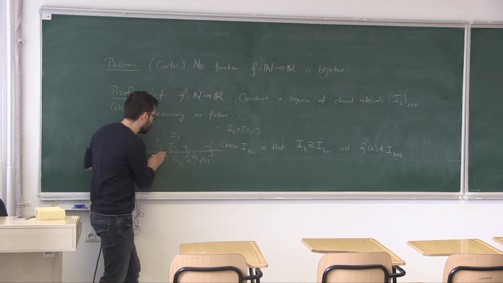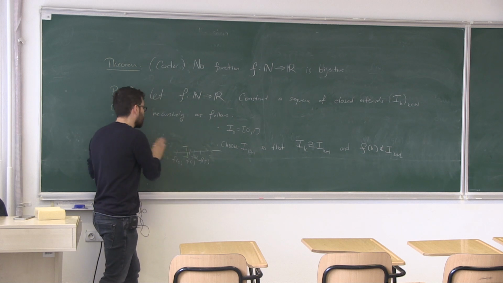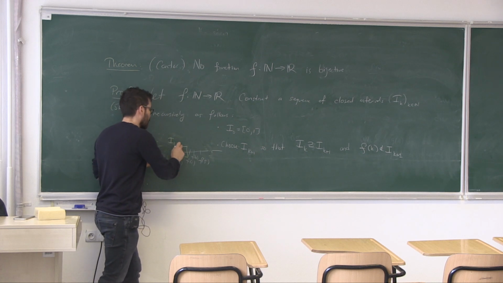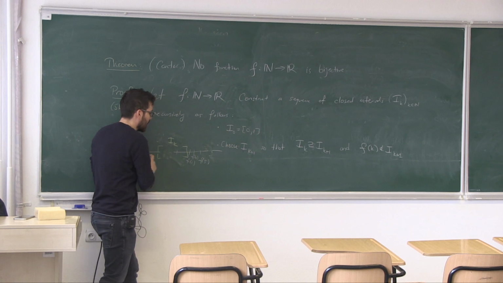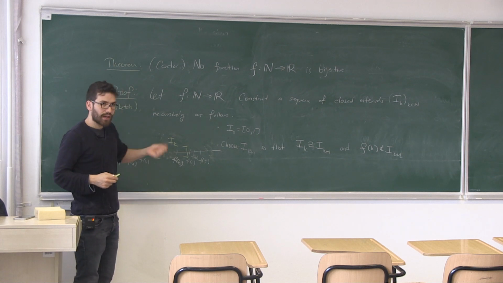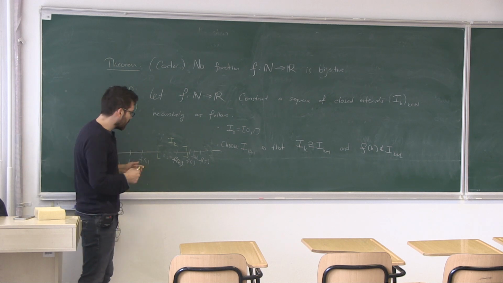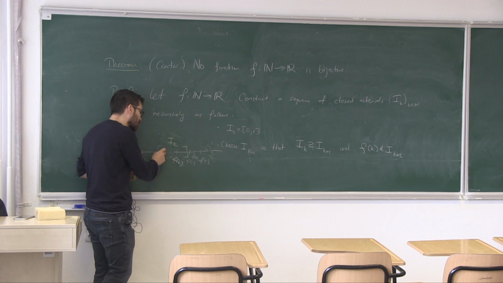Let's say that I have constructed some interval, and I did this construction up to stage k, and let's say that f of k is over here. Now I'm just going to count rational numbers one by one, and I will stop at the first rational number which is different from this guy and which is in this interval.